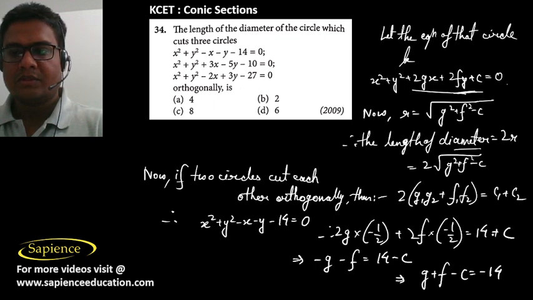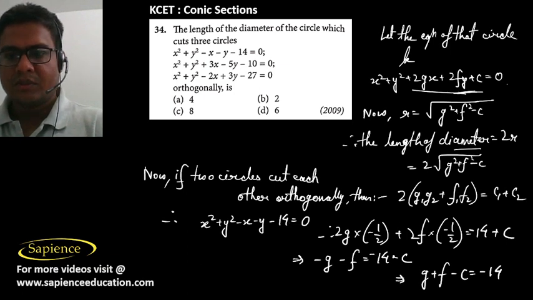Sorry, this is plus c and minus 14. Here c is minus 14 plus c. So this is g plus f plus c, that is equal to 14.